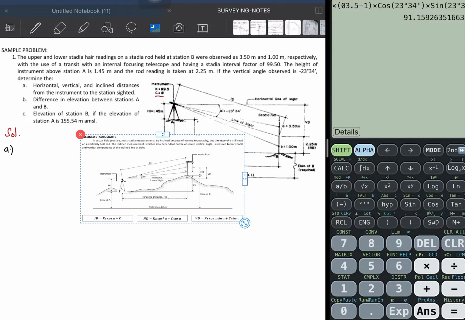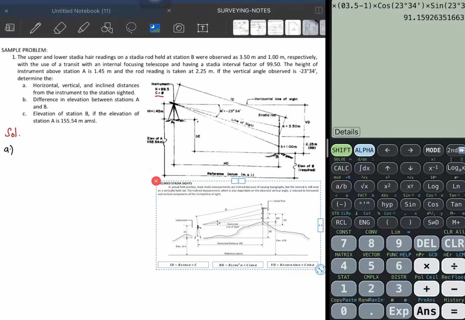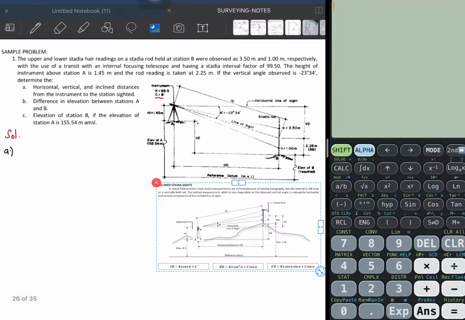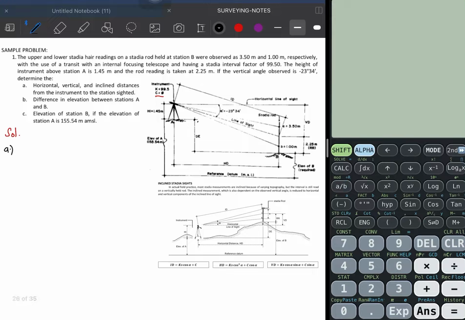By the way, you'll have the formula for first HD is equal to KS cosine squared of alpha plus C cosine of alpha. Okay, we substitute the values.